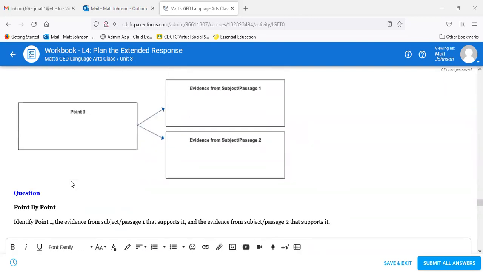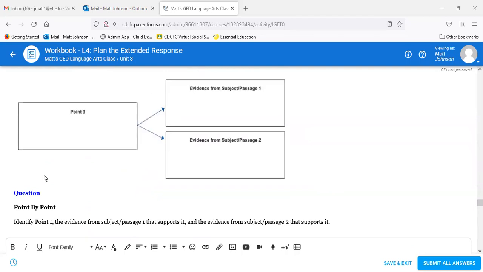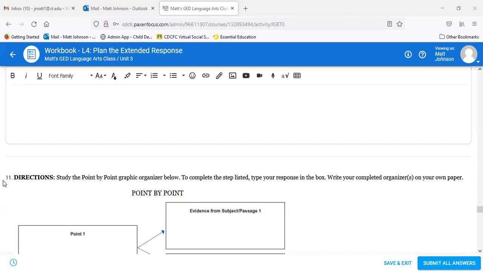It's the same stuff, right? It's the same stuff, whether it's point by point or subject by subject. And we're doing the same thing here, identifying point one. So, yeah, I think they want us to use the Leung Clement text or passage for this because we're using the same thing over and over again, which they didn't offer so we could reference it.